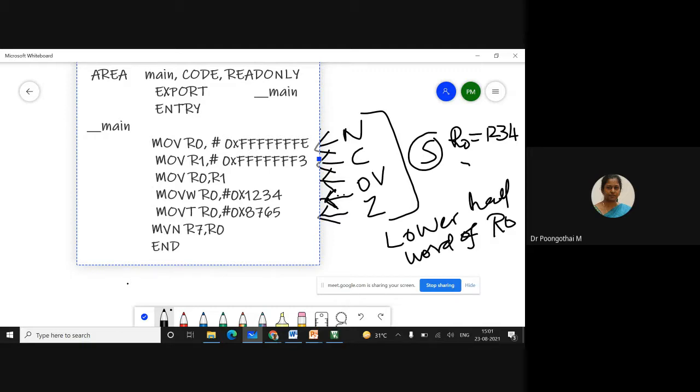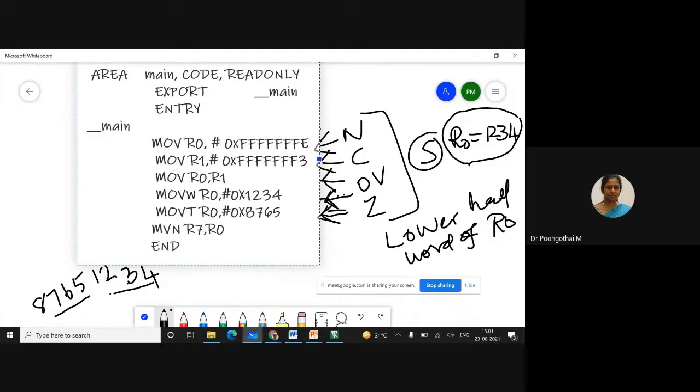Previously R0 held 1234. After execution of MOVT, R0 holds 87651234. MOVW is used to fill the lower half word, MOVT is used to fill the upper half word.